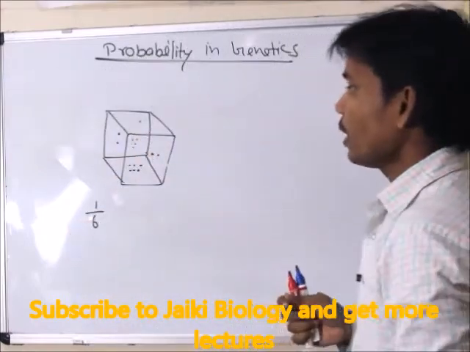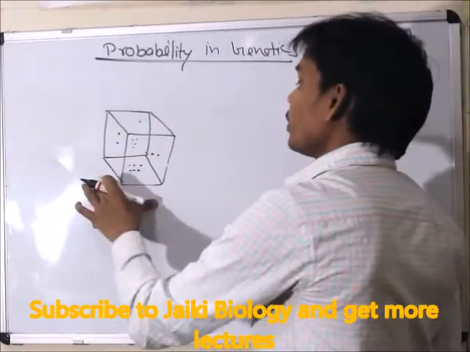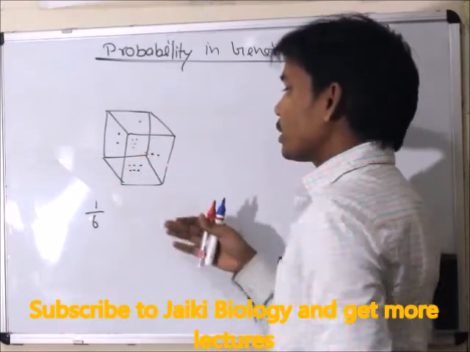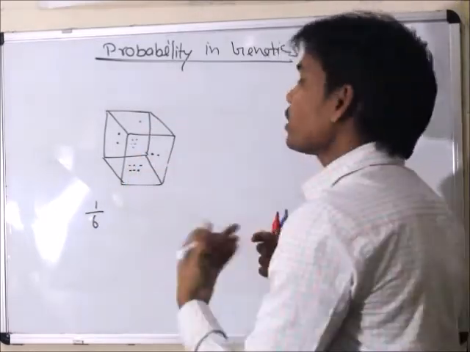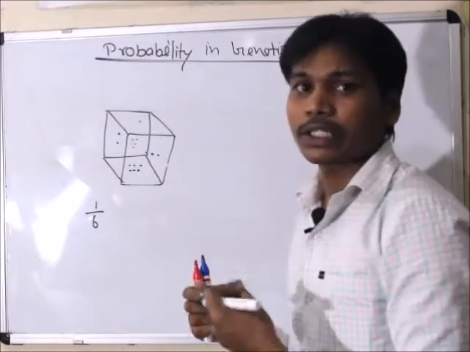Again, if you roll a second time, what is the probability of 2 coming again in the second roll?